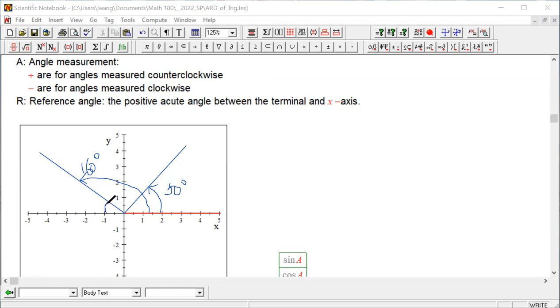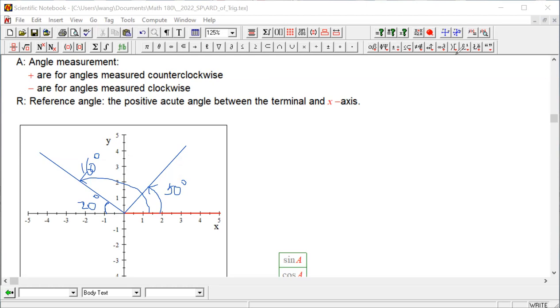And of course, this angle is 20 degrees. And the 20 degrees is the reference angle for the 160 degree angle.